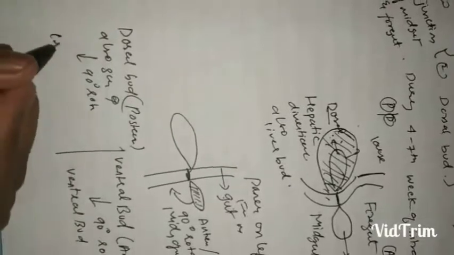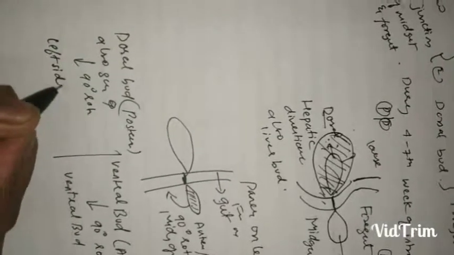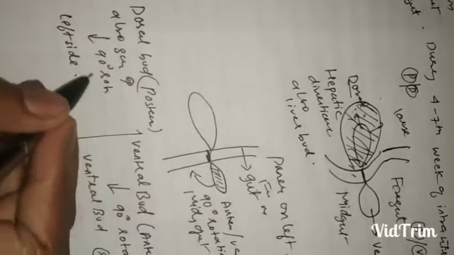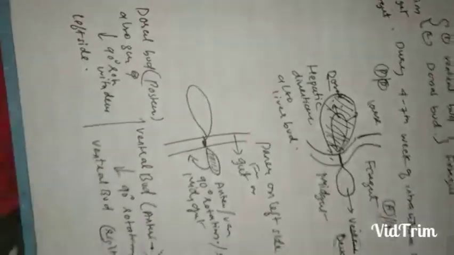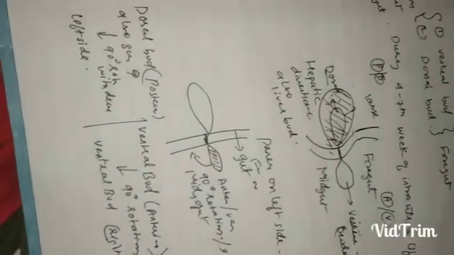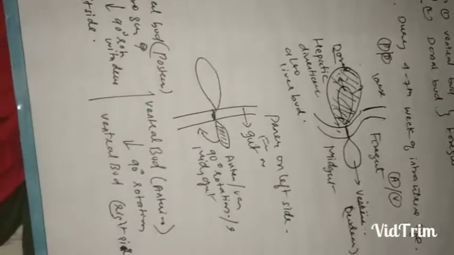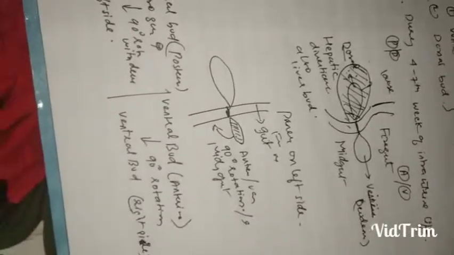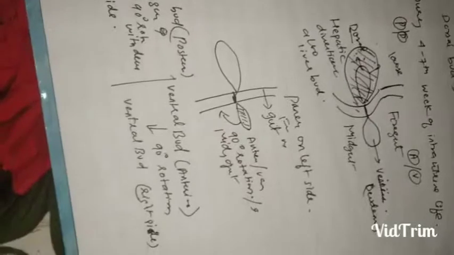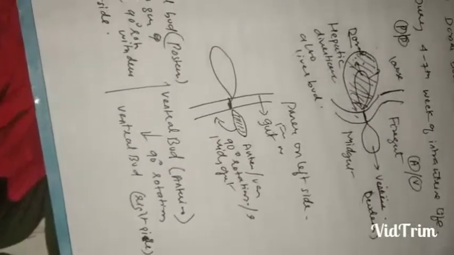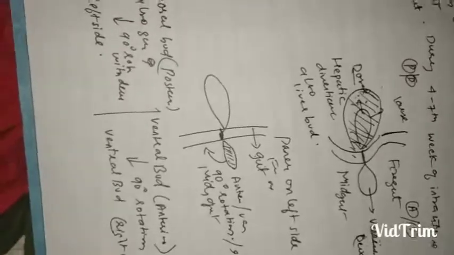Now it becomes left side, by undergoing 90 degrees of rotation with duodenum, because dorsal bud and ventral bud both are attached to duodenum. So as duodenum turns to right side, the ventral bud will turn from anterior to the right side, and the dorsal bud will turn to the left side. So both the buds are going 90 degrees of rotation.